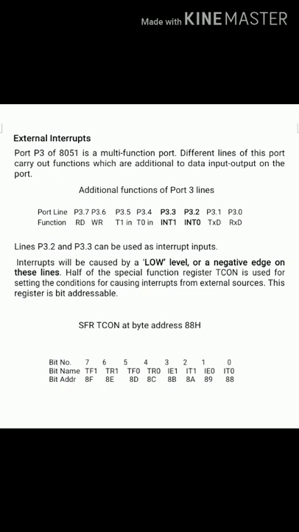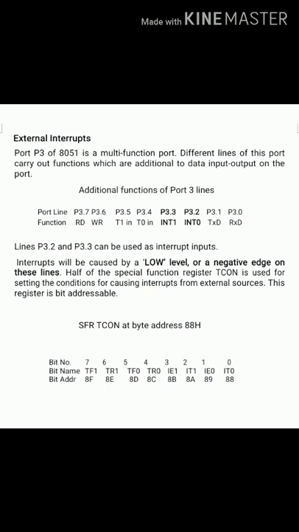For example, if IE0 is 0, it means that on external interrupt line 0 there is no interrupt request coming. But if IE0 goes to 1, it means that a request has come on the external interrupt 0 line. Whether it's edge triggered or level triggered again depends on whether IT0 is 0 or 1. Okay, this is about external interrupts.